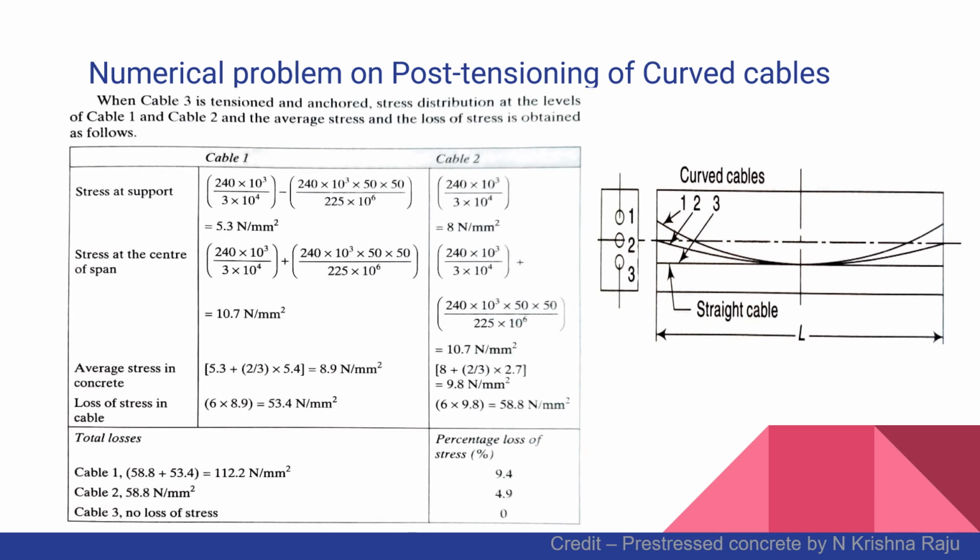When cable 3 is tensioned and anchored, there will be losses in stress in both cable 1 and cable 2, which are calculated as shown in the below table as explained earlier. Finally, calculate the percentage losses of stress in each cable.